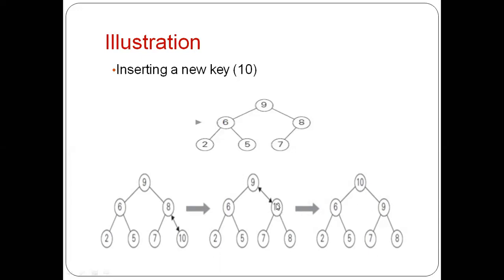Again, it will check with its parent, which is 9. It is not satisfying the heap property because the parent has the lesser value, so again it will interchange. 10 will come over the top, and 9 will go down. Now the inserted value has reached the root node. At that point, the exchange process stops, and this is again a heap.